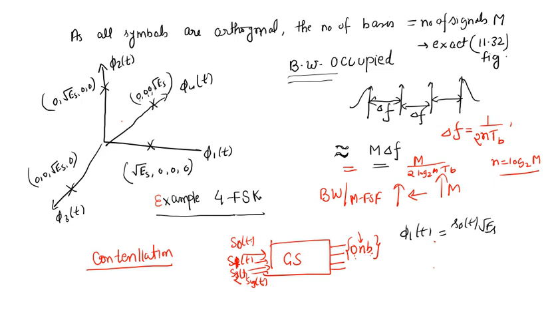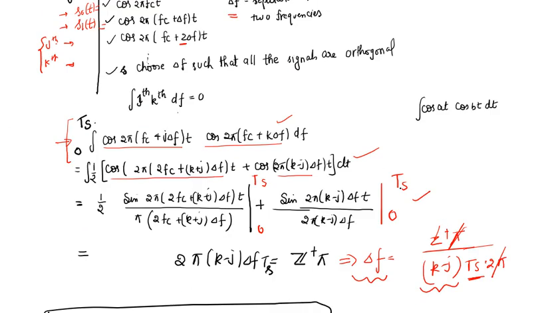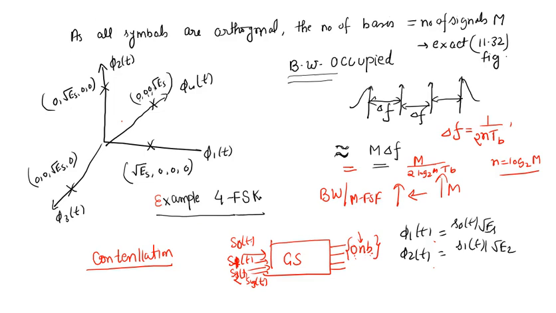Phi 1(t) will be S0(t) divided by root Es. Phi 2 will be S1(t), because I have just changed it to 0, 1, 2, 3, since if you remember here we started with 0, 1, 2, 3. So once we get the orthonormal basis, since phi 1(t) is S0(t) over root Es, therefore S0(t) will be phi 1(t) times root Es.